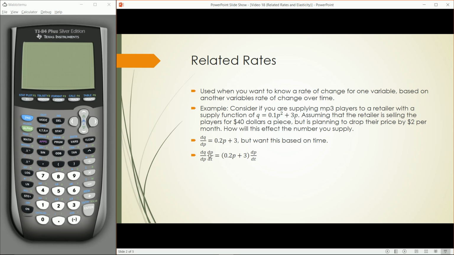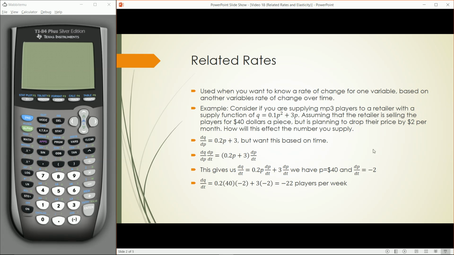Now, if you notice, dq over dp times dp over dt, the dp's on that side will cancel out-ish. So that gives us the equation dq over dt is equal to 0.2p times dp over dt plus 3 dp over dt. Now, we have a price of $40, and they're dropping the price by $2 per month, so that goes in for the change in price over time. Whereas the price of 40 just goes in directly for price.